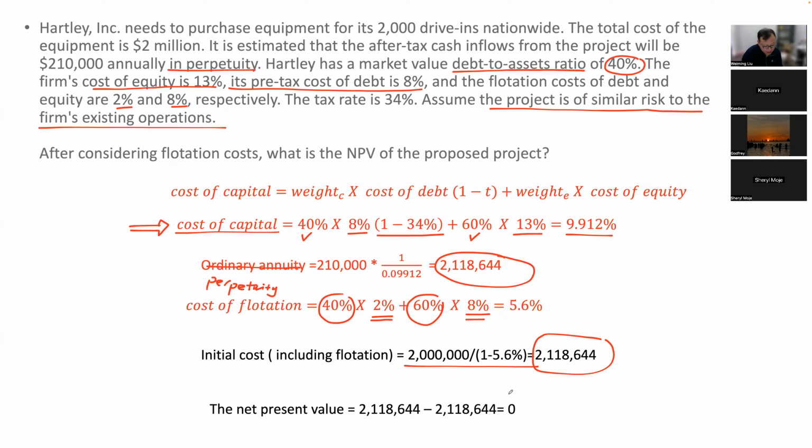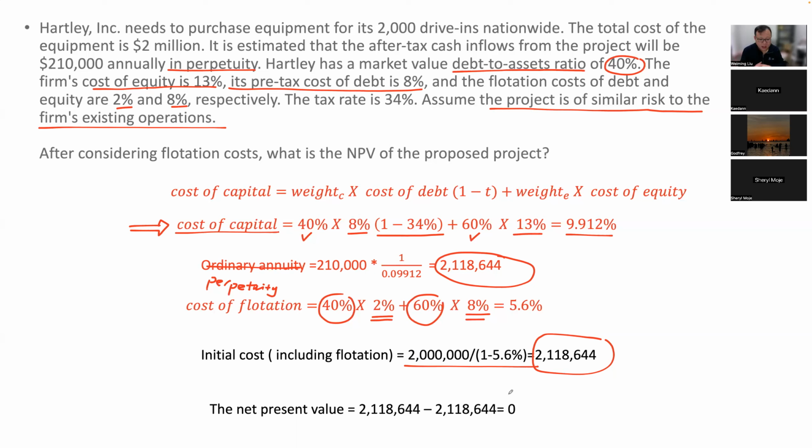Flotation cost is covered in the textbook starting from page 543. What happens is if a company issues debt, let's say bonds, to the debt market, it costs money. It's not free. You're going to print the coupons, use brokers, and you probably have to get approval from the securities commission to raise the capital.